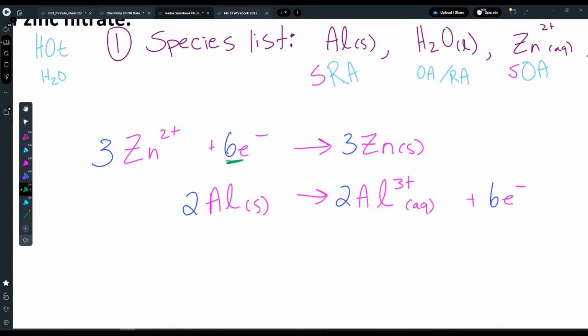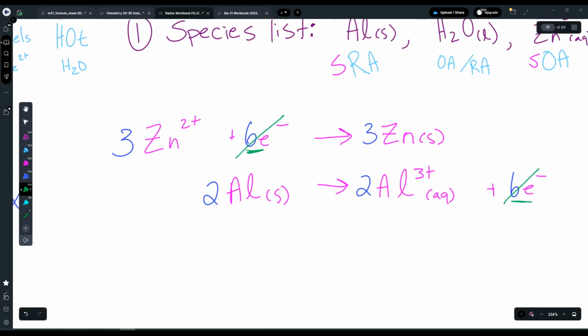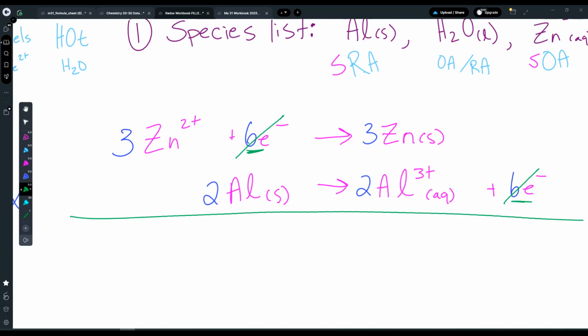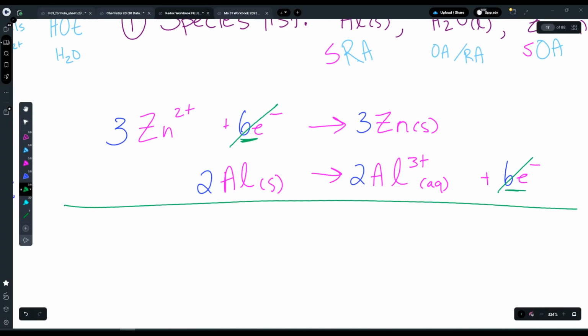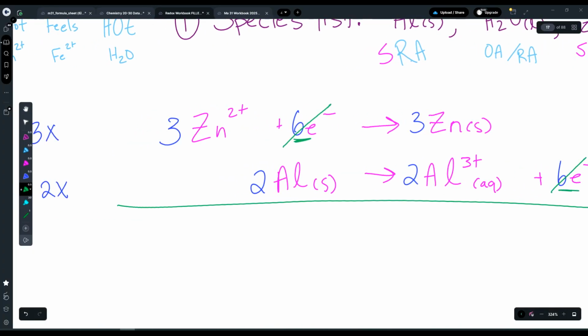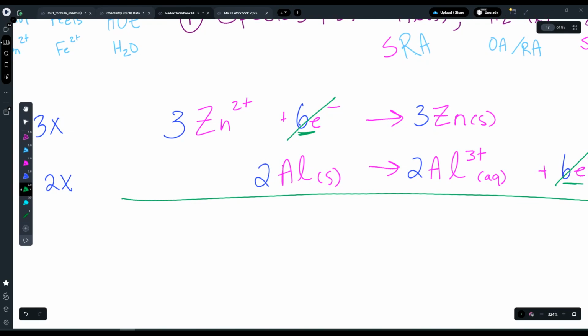Now, since we have the same amount of electrons on opposite sides of the reaction arrows, they cancel out, and they cancel out when you add up the reactions together. There's nothing else that cancels out, so now I'm just going to add up these reactions.